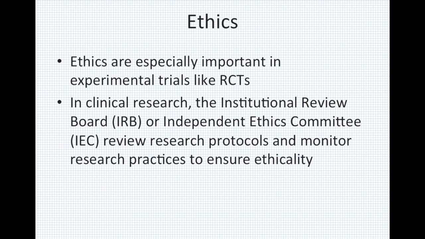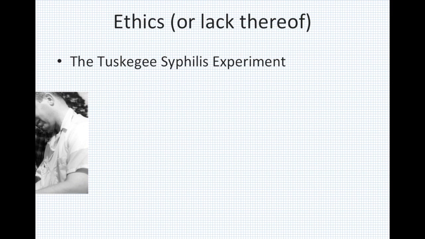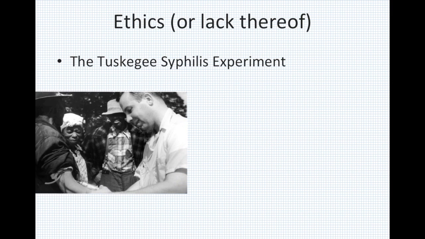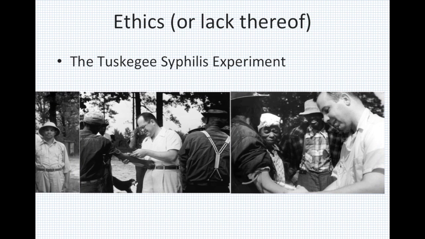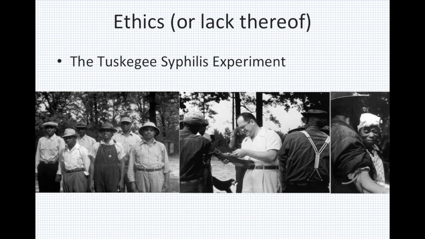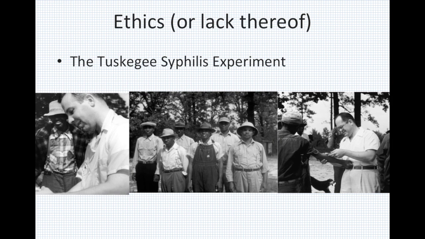Ethics are important in all trials, but they are especially important in experimental trials like RCTs. In clinical research, the Institutional Review Board, or the Independent Ethics Committee, review research protocols and monitor research practices to ensure ethicality. An example of poor ethics would be the Tuskegee syphilis experiment, which to this day is considered a dark mark on American public health.